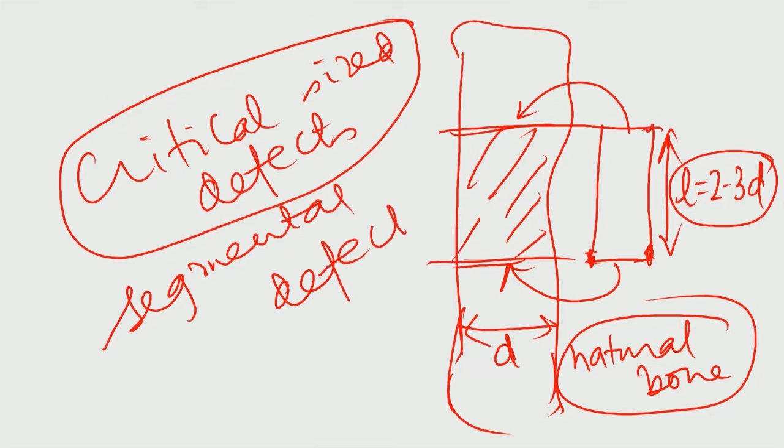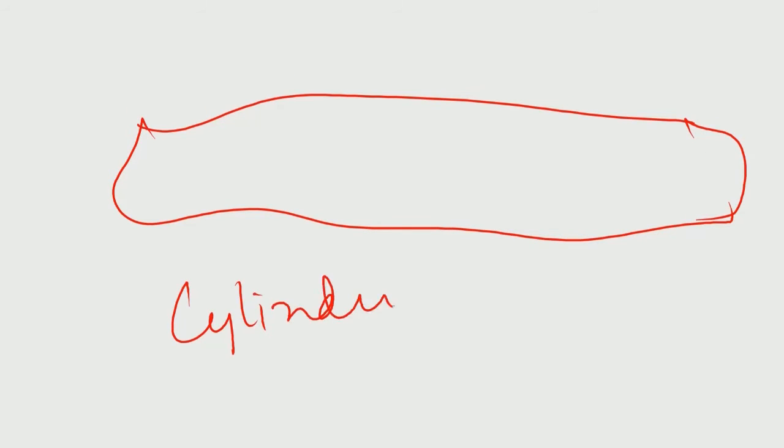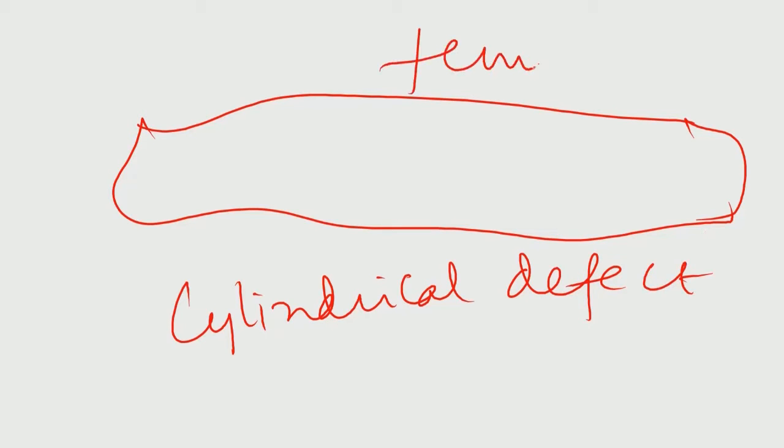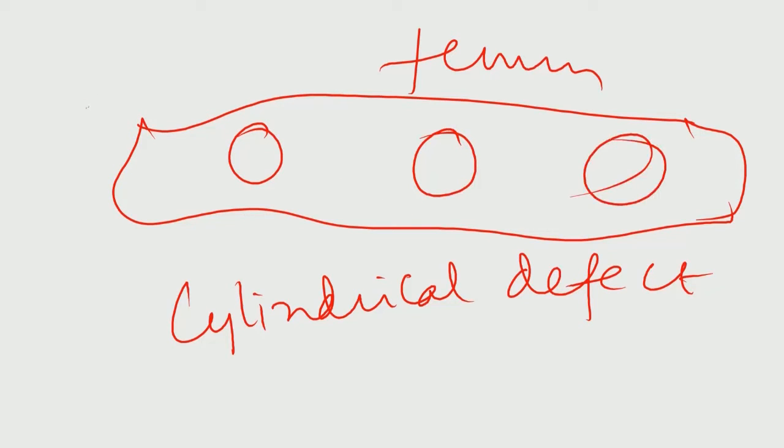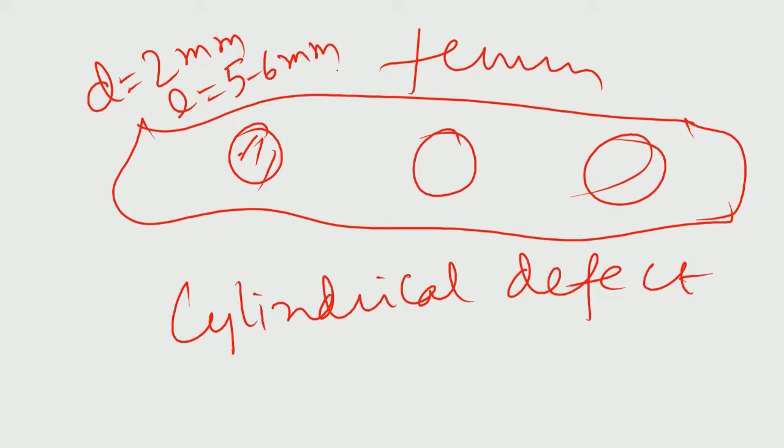The segmental defect model in general is a little different from the cylindrical defect model. In the cylindrical defect model, you have a femur of, let us say, a rabbit. In this femur you drill holes, and typically the diameter of this hole is around 2 millimeter. The length of the implant which you put inside can be somewhere between 5 to 6 millimeter, so the aspect ratio is around 3.